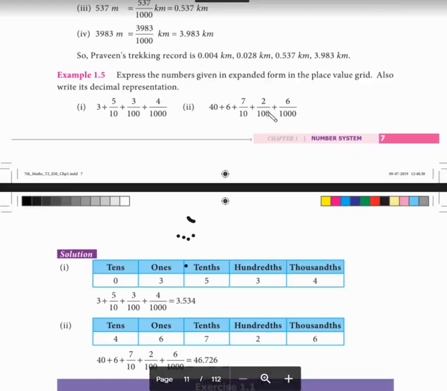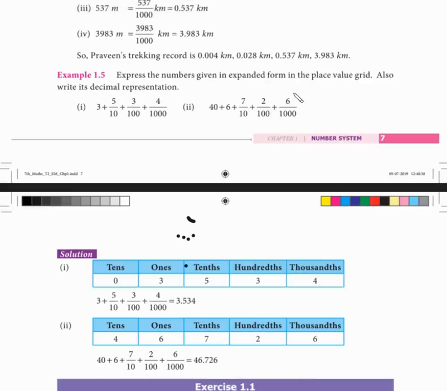Next, fifth one: express the numbers given in expanded form in the place value grid. This is the given question. We have to write in the place value grid. So, 3 is a whole number. Write 3 below the heading ones.